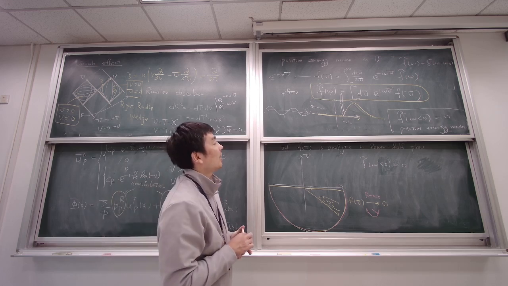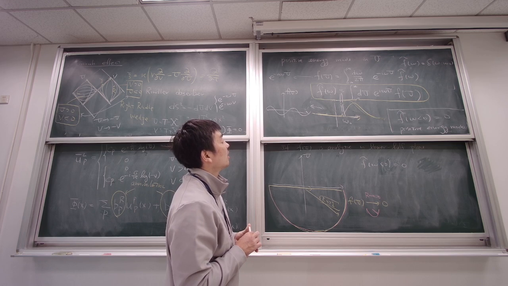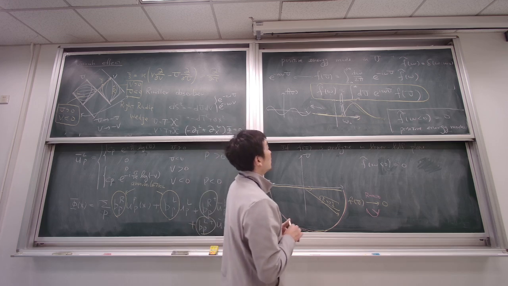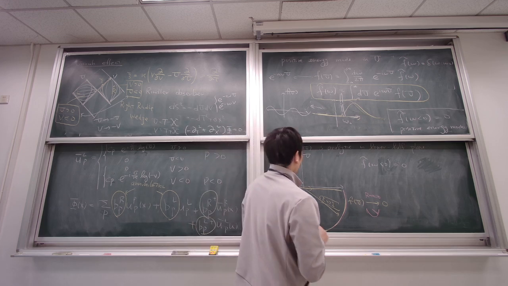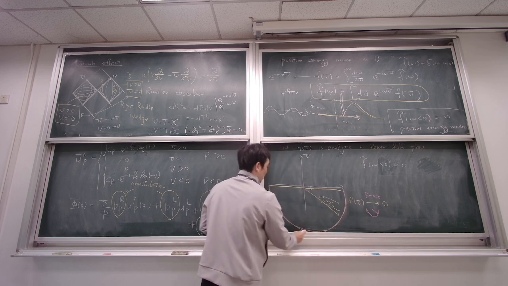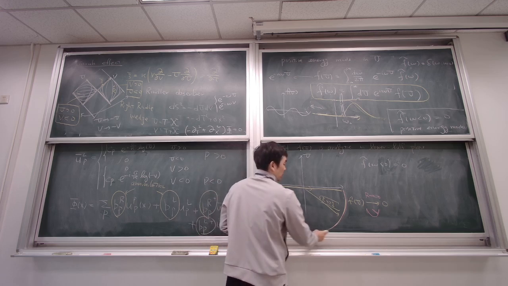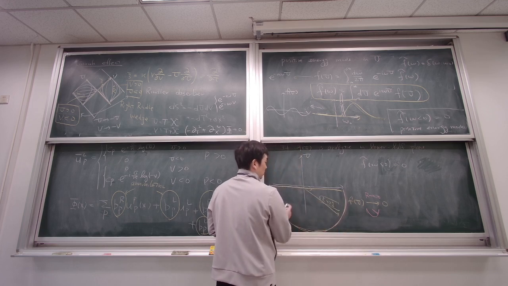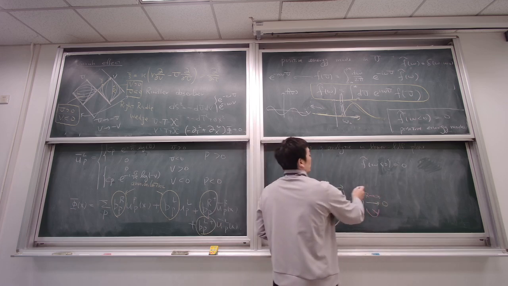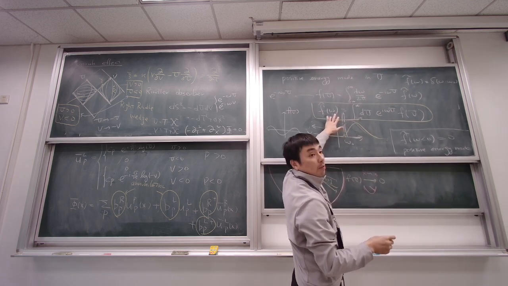If you take the contour in the lower half plane, since the contribution of the red part is 0 once R goes to infinity, from here to here you get the f theta equal to 0 once you perform this integral.